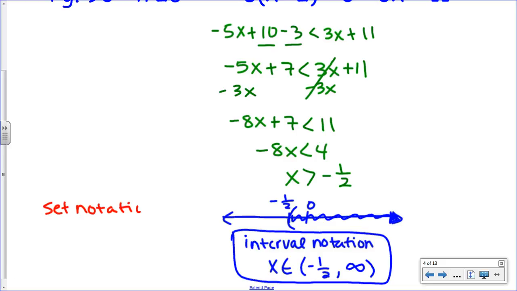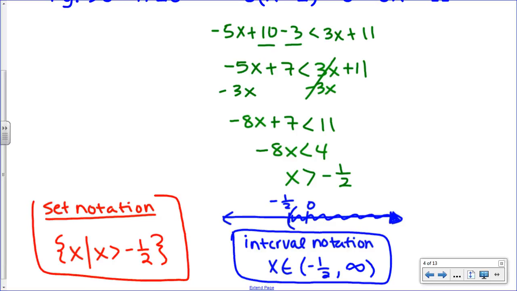Set notation. So x such that, then what would I write? X is greater than -1/2. Yep. So solving is not your final answer.